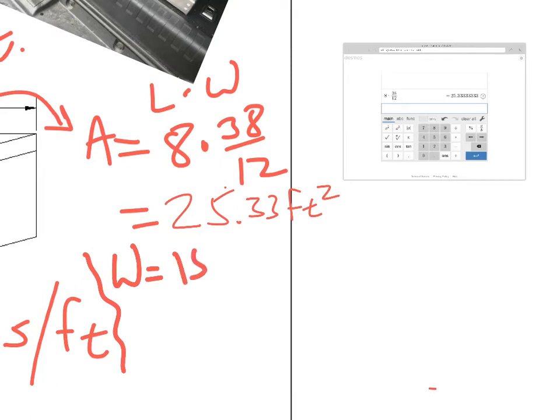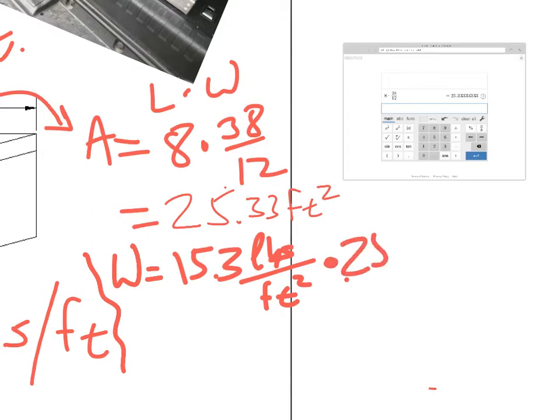15.3 pounds per square foot. And then we're going to multiply that by the 25.33 square feet. And this will cancel the square feet, leaving us with pounds. So all we need is 15.3 times that number we have here.